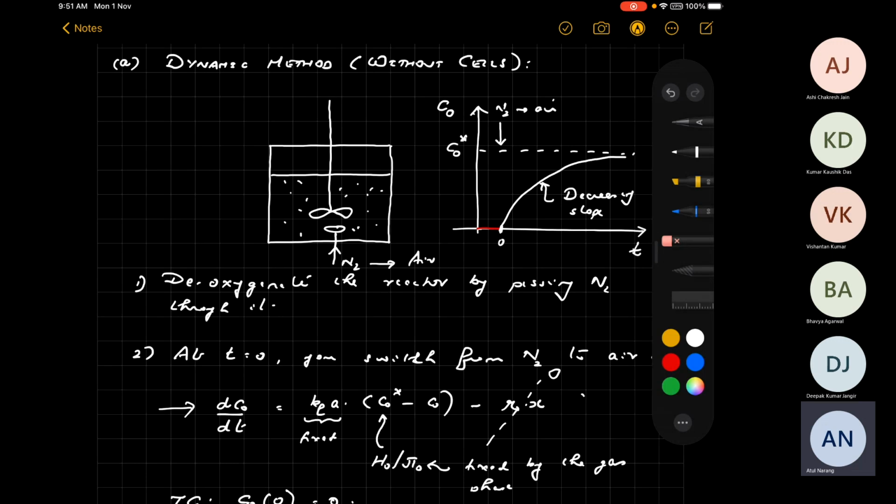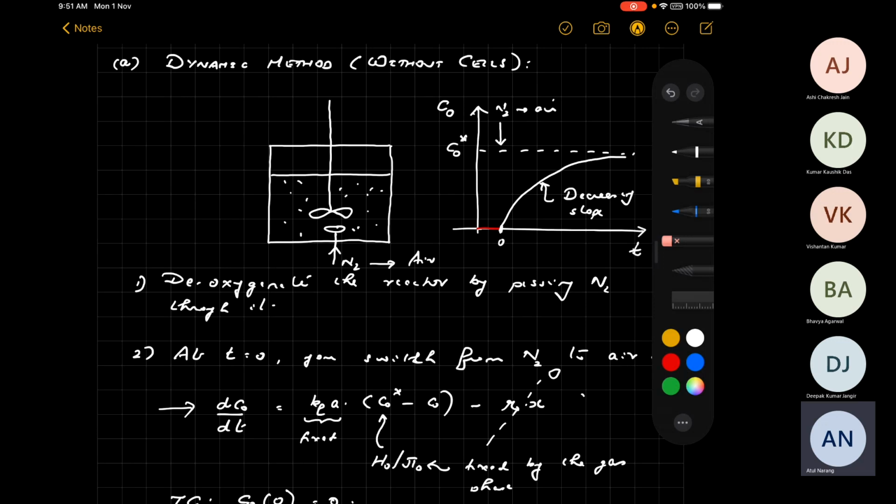This reactor is operated under the same conditions that you will subsequently use with cells. You're doing this experiment with the hope that the KLA you measure without cells will be preserved when you do the experiment with cells. So you're using the same RPM, the same gas flow rate, the same sparger, the same impeller, the same reactor, everything is the same.